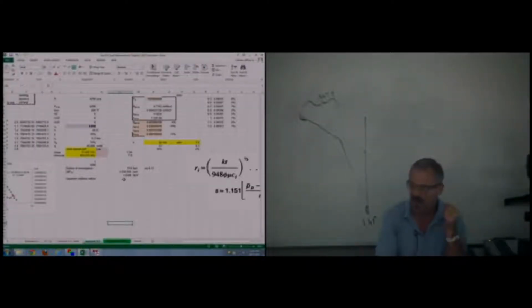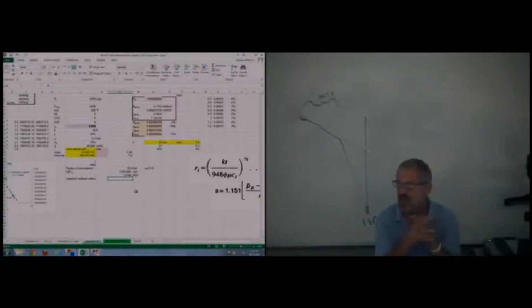Can we just imply that if we have a skin number of 8 or x, y, z in other cases, the major part of the skin is actually the mechanical skin, not the pseudo skin? Right. That procedure broke the skin into two components, non-Darcy flow and mechanical damage, if you want to call it that. But again, mechanical damage still could have other components.